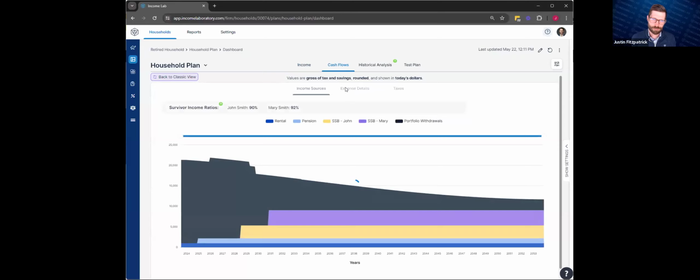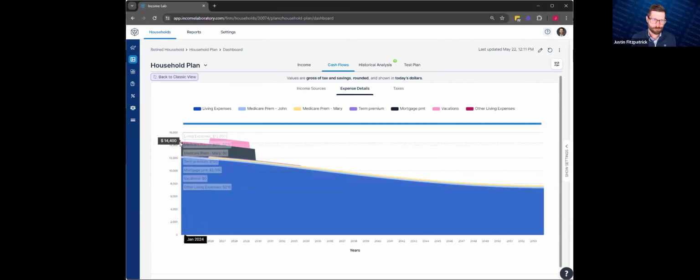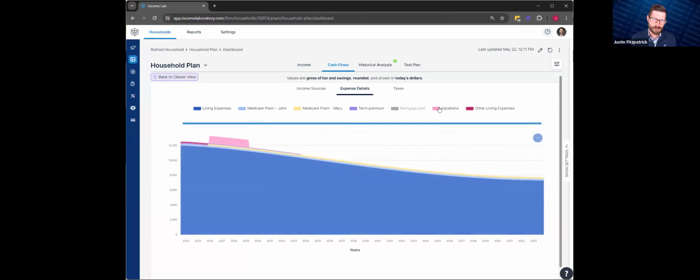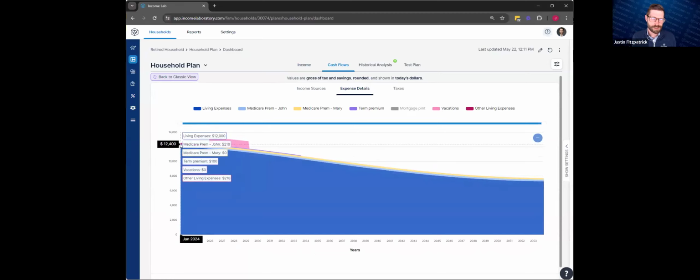They're looking for, I think, a little under 13,000 in spending. Well, for this year, it's a little higher than that, but if we took out the mortgage payments and so on, which are independently funded in an Income Lab plan, we're really looking at your core spending apart from that. They don't have huge expenses.